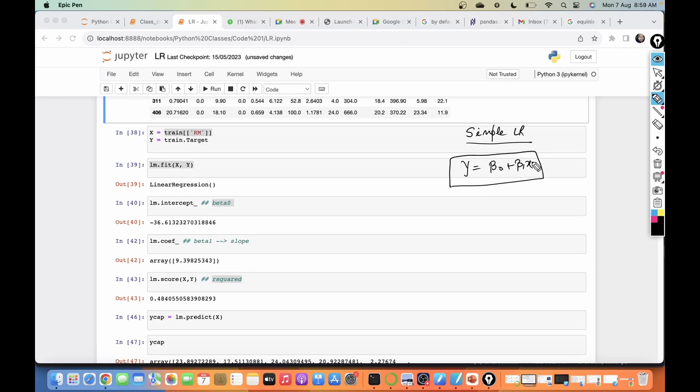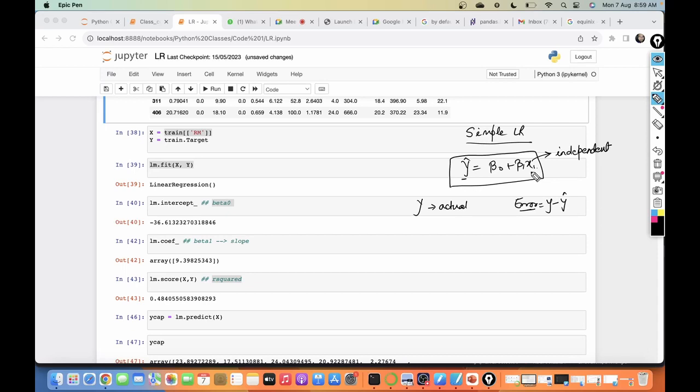For that we need to take only one independent variable, and with that one independent variable we get the y output. We will check it with the actual y. Let's take this as y cap, then we'll find how much error we are getting: y actual minus y cap.